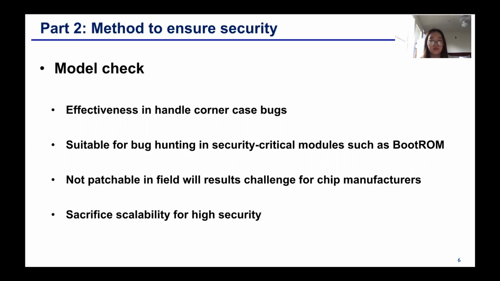This makes model checking suitable for bug hunting in security-critical modules such as boot ROMs. These modules may not be able to be repaired after fabrication. If such vulnerabilities are found post-production, they will bring challenges to chip manufacturers, so we'd rather sacrifice scalability for high security.